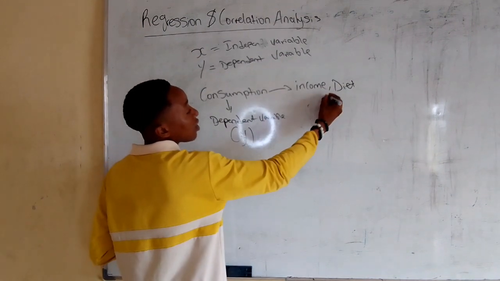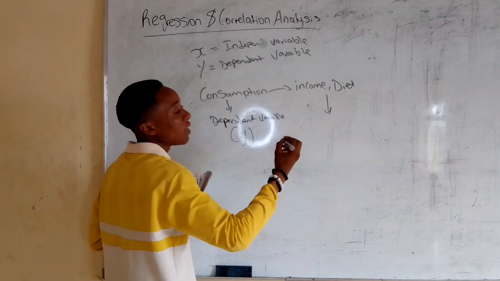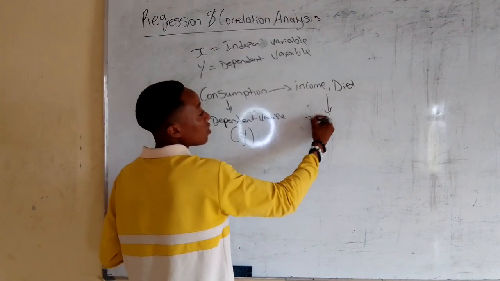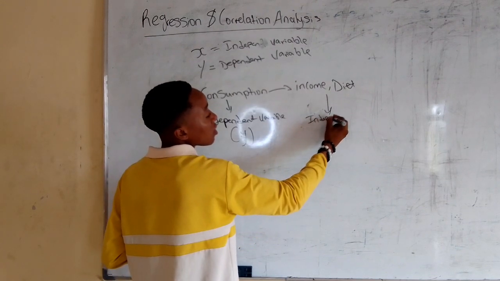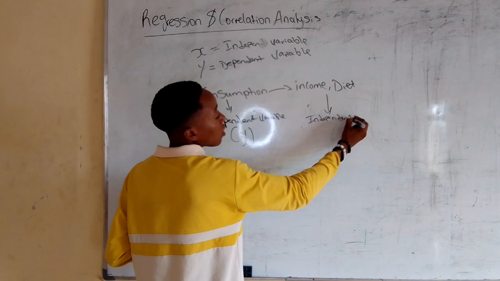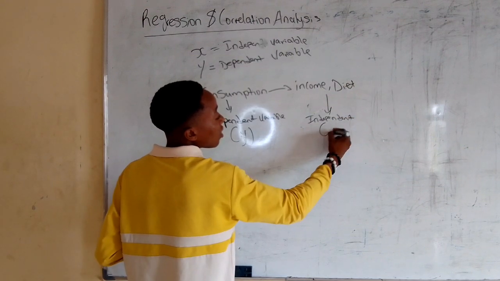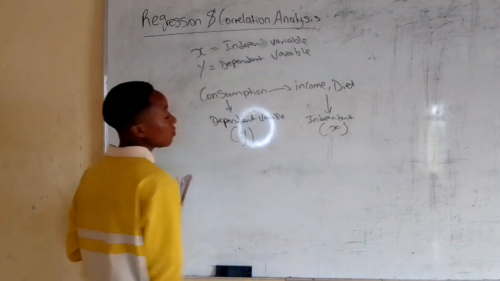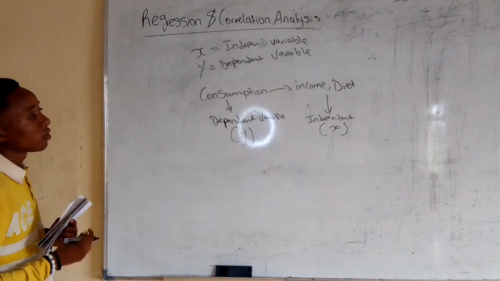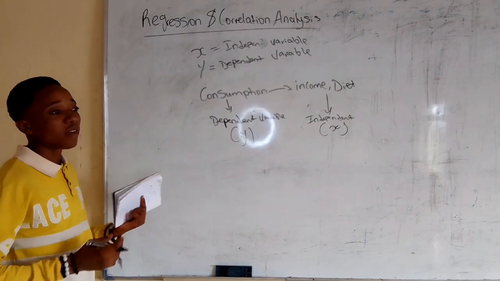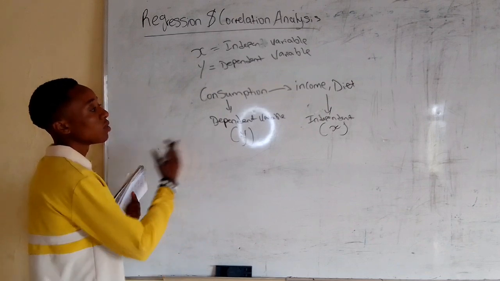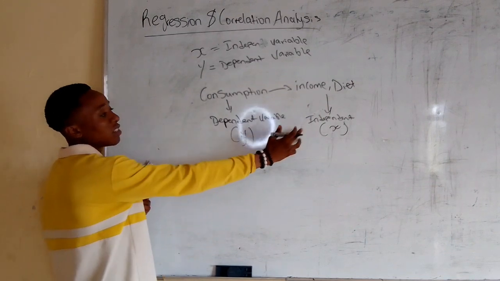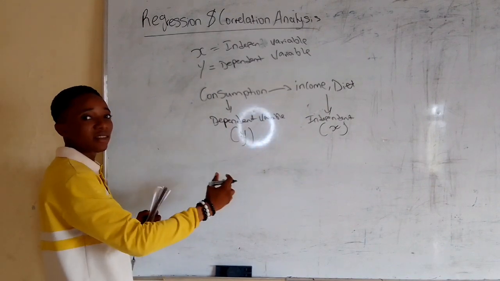While this income is our independent variable, standing on its own, is independent and is denoted by x. So regression is all about looking at the relationship between the independent variable and the dependent variable.